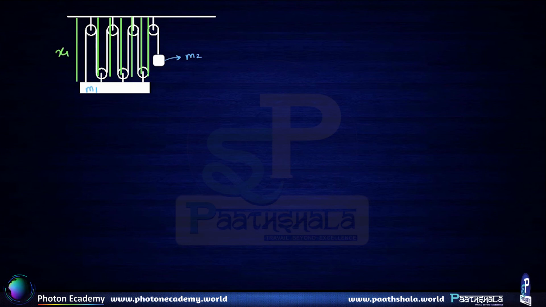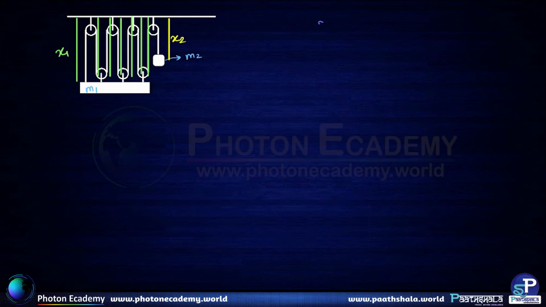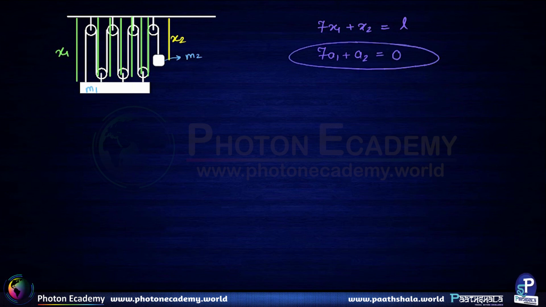And this mass m2 has the length x2. We can simply write down 7 times x1 plus x2 happens to be the length of the string. On double differentiating we get 7a1 plus a2 equal to 0. So this is the first equation.